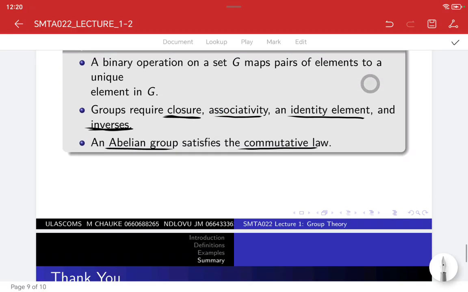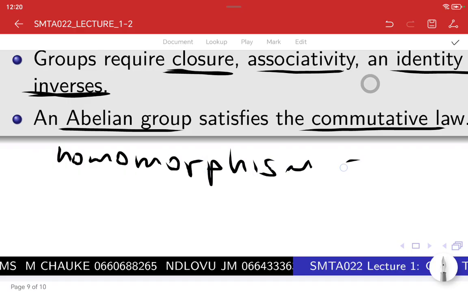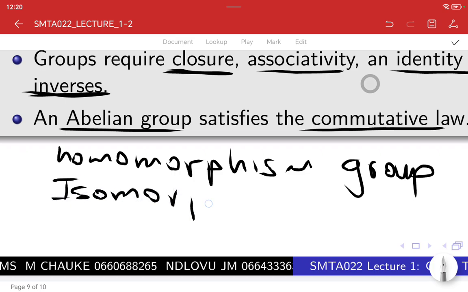But as time goes on, we're going to be looking at things like the homomorphism group. I'm sure you've seen this from algebraic structures, from that chapter of set theory, right? Homomorphism group, isomorphism group. So we're going to be looking at these as time goes on.